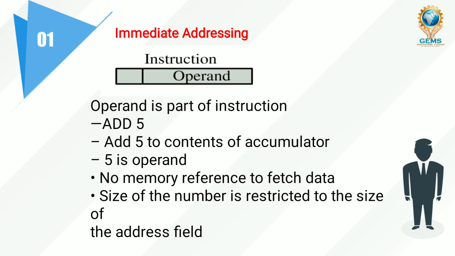Then she will say something to you, that is, go and take it from the locker. Now your mommy is giving one instruction, that is, go and take it from the locker. That is the instruction given by your mom.